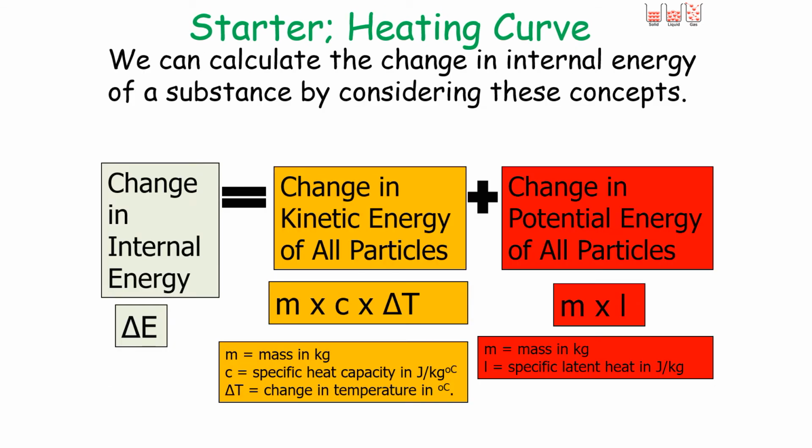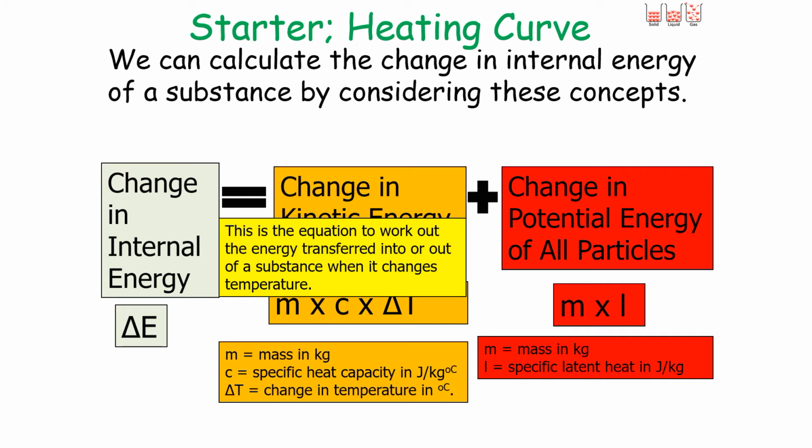So the equation to work out the change in the kinetic energy of all the particles is E equals mcΔT, where m is the mass in kilograms, c is the specific heat capacity in joules per kilogram degree Celsius, and ΔT is the change of temperature in degrees Celsius, whilst the change in the potential energy store of all the particles is equal to m times L, where m is the mass in kilograms and L is the specific latent heat in joules per kilogram.